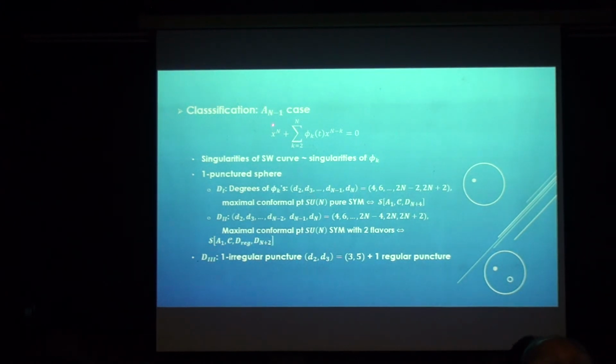There is one case where even if we start with an (N minus 1) 6D series and find a certain type of irregular puncture, it gives the fixed conformal point of SU(N) pure Yang-Mills.